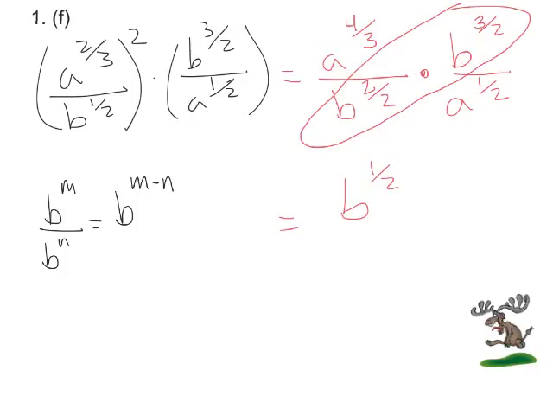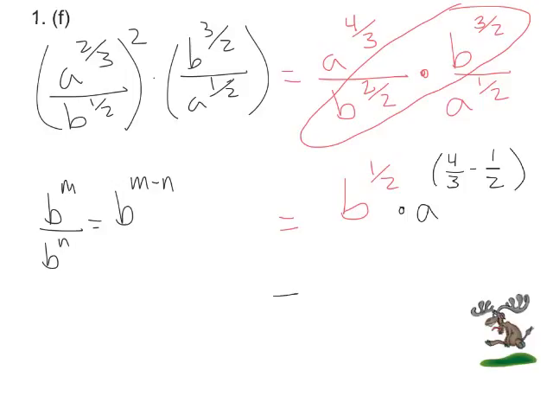So in this case, our m was 3/2 and our n was 2/2. So 3/2 minus 2/2 is 1/2. We can apply the same property on the a, and we'd get a to the whatever 4/3 minus 1/2 is.